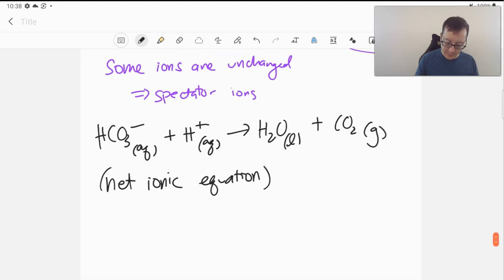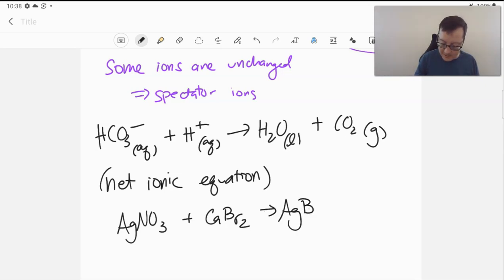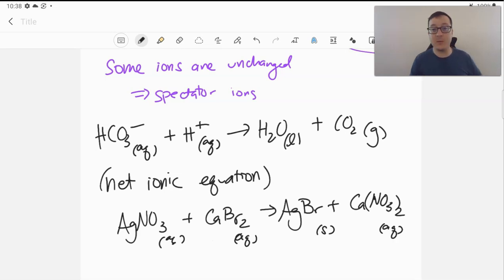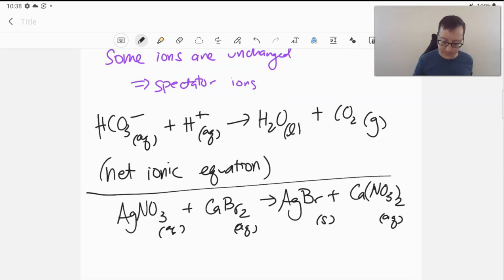If we take a look at another one, we saw that we had the silver nitrate and the calcium bromide forming silver bromide and calcium nitrate. These were aqueous, aqueous, solid, aqueous. We can determine its ionic equations as well. So this is a new reaction.